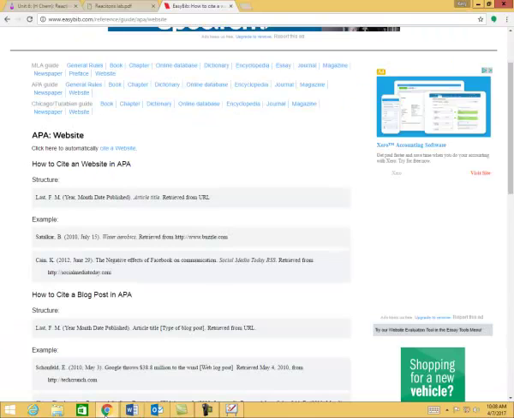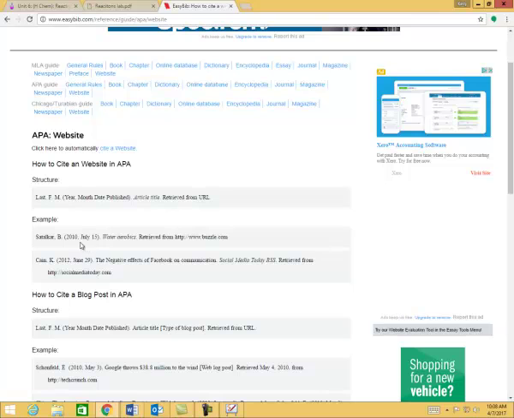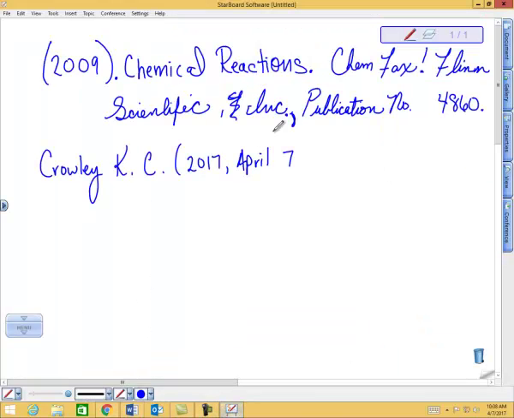I can't remember. Yes, parentheses. So parentheses, year, 2017, comma, month would be April, and 7. Let me make sure the formatting looks correct. Yeah, I'm using this as a guide. You see how there's no comma between the month and the date. All right, end your parenthesis and put a period.